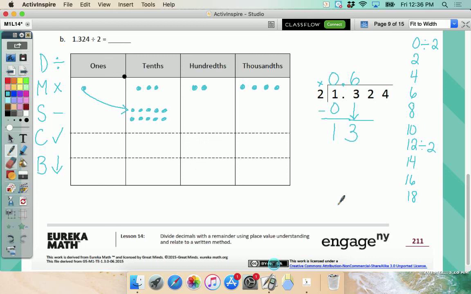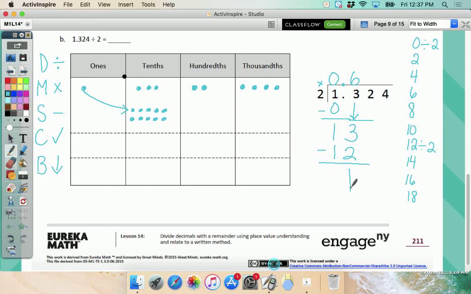Okay, so now I'm ready to, I've divided. We got 6. Raymond, what do I do next? You multiply. What 2 numbers? The 2 and the 6. Good. And you should get 12, right? Yeah. Okay. Class, what comes after multiply? Subtract.